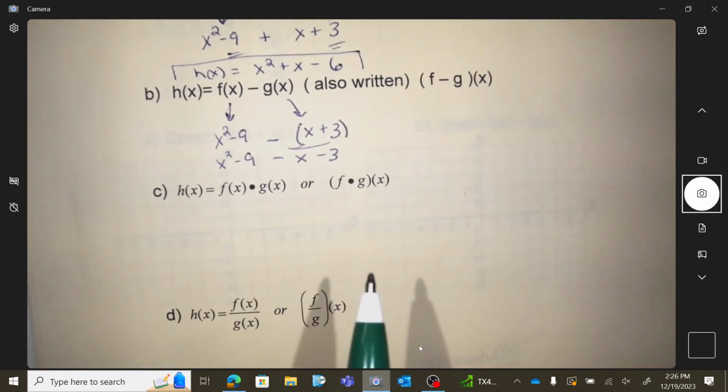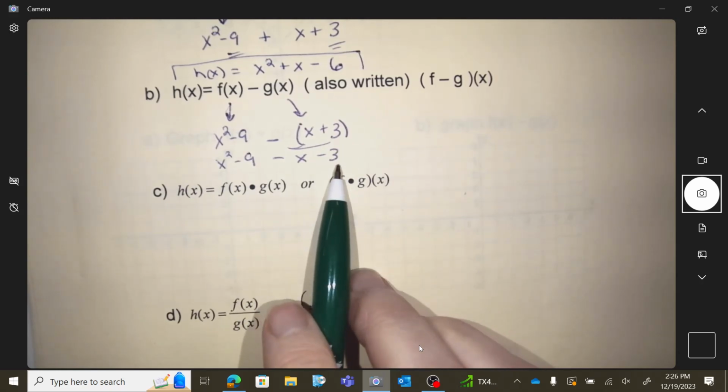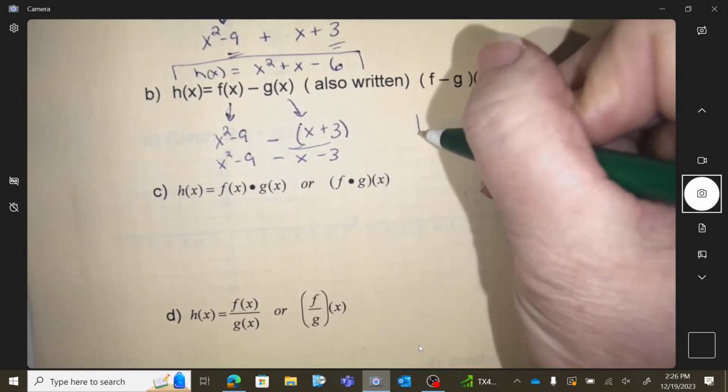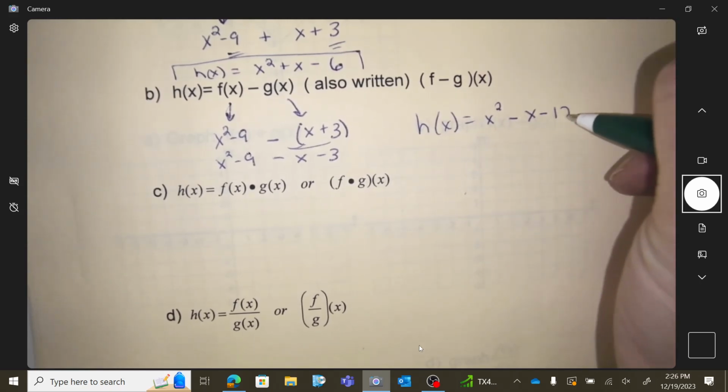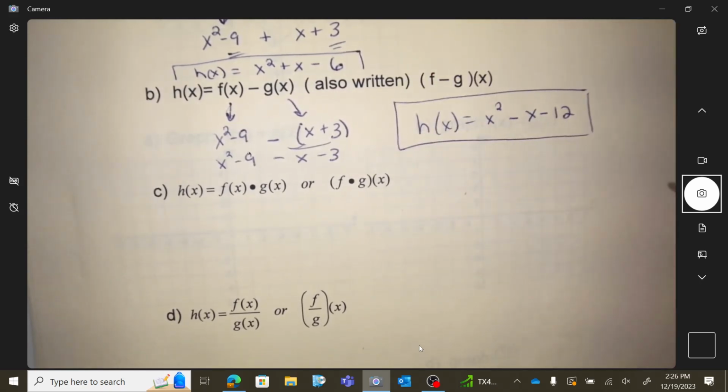So really, you are going to have to do a minus x and a minus 3. And again, people see that and then they start trying to factor because they think it's a trinomial and they're solving for it, but you're not doing that.